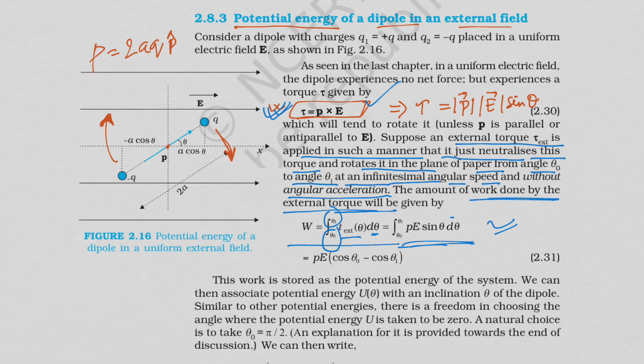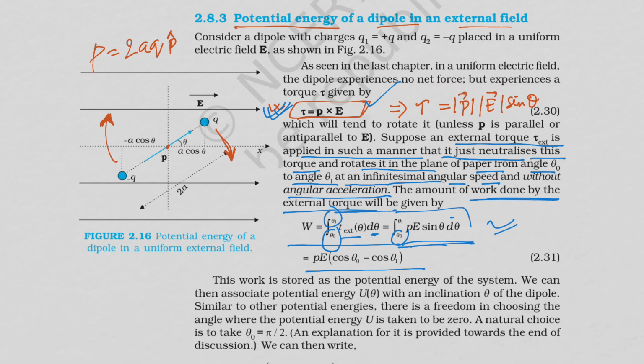So if we fix the limits of theta from theta naught to theta 1, then the total work done would be PE. P is the dipole moment, E is the electric field, and then we will just subtract the cos thetas here.